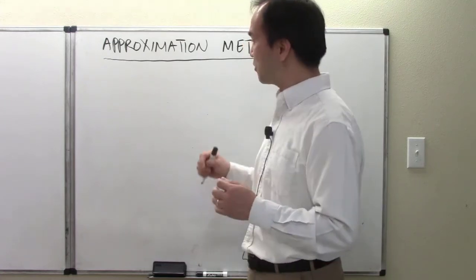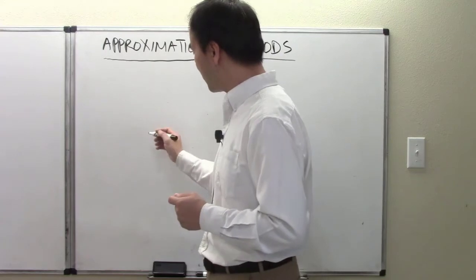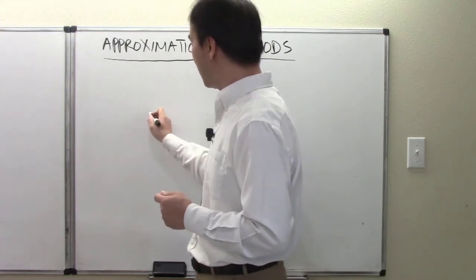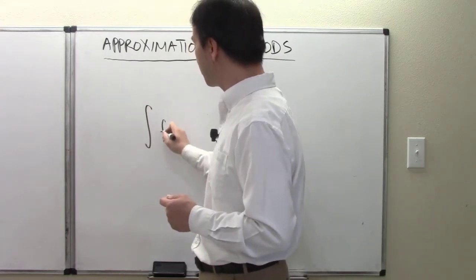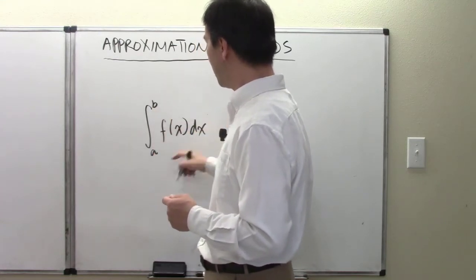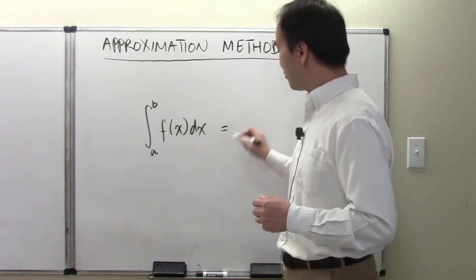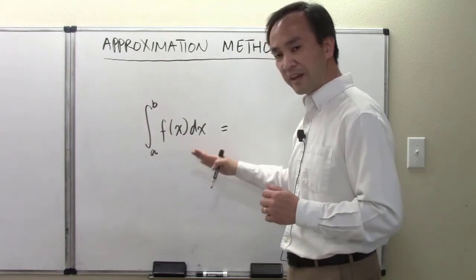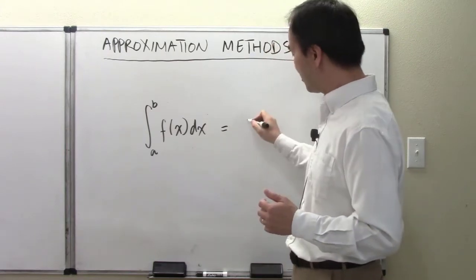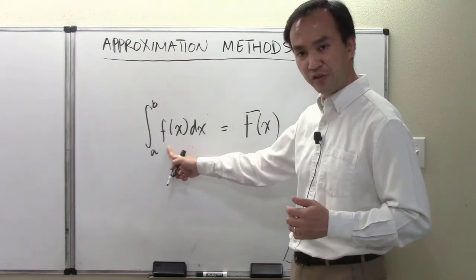After you have learned that the second part of the fundamental theorem of calculus allows us, anytime we're finding the definite integral of a function over the interval from a to b, to first find the antiderivative of that function f of x.